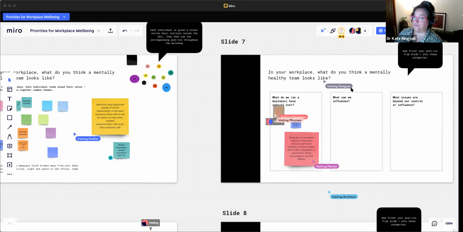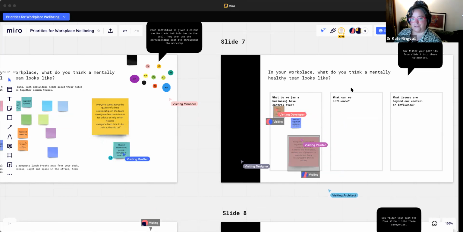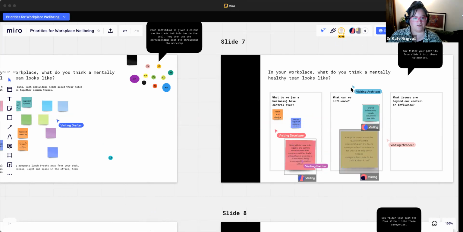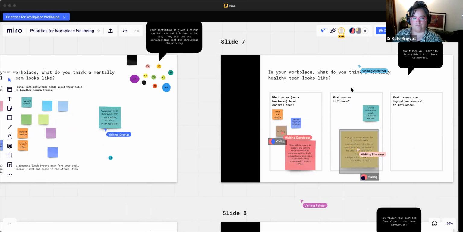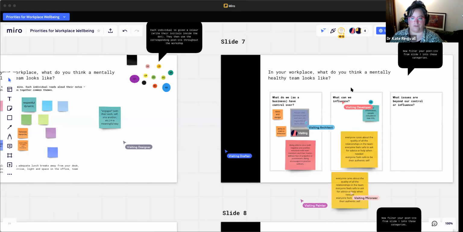What can we influence? What issues are beyond our control or influence? Just place them in one of those three categories. And if you're new, if you've got some time, even if it's just one post-it note for the question at number 2, see if you can put it in one of these categories in slide 7.